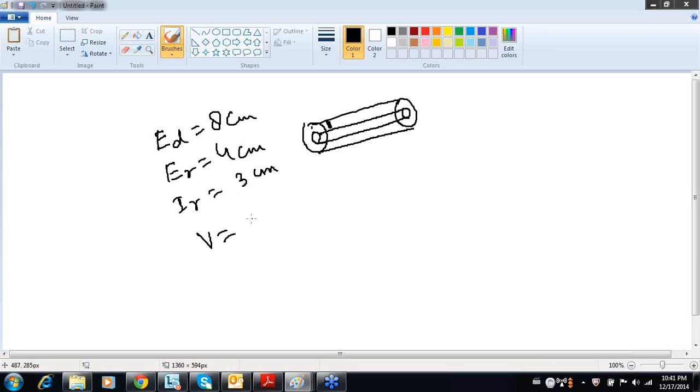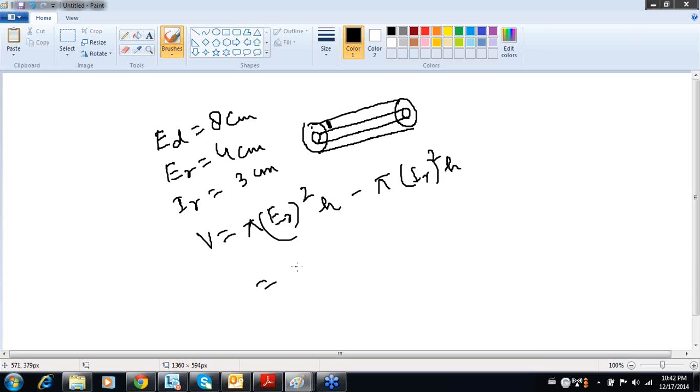So volume of iron will be what? Volume of outer cylinder, pi external radius square h, minus pi internal radius square h.